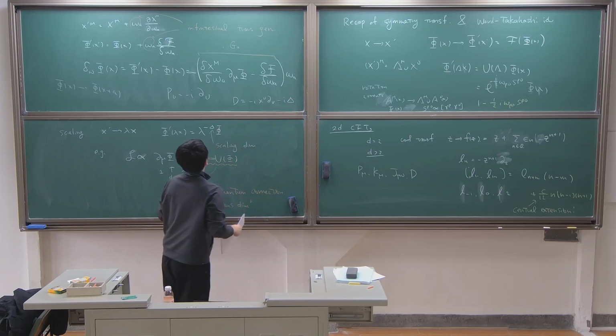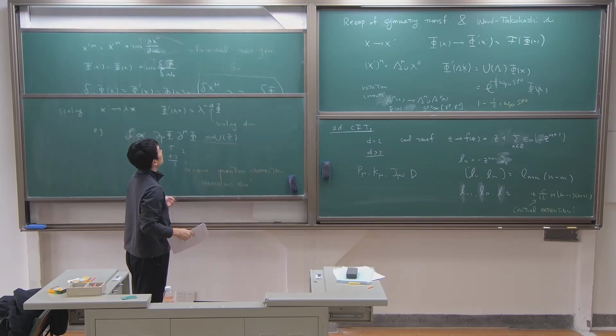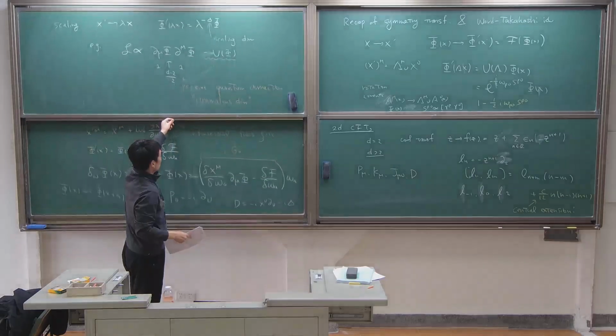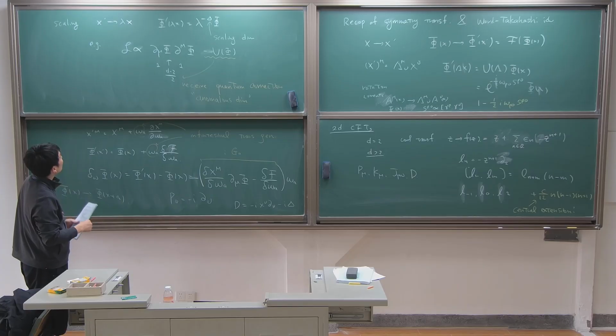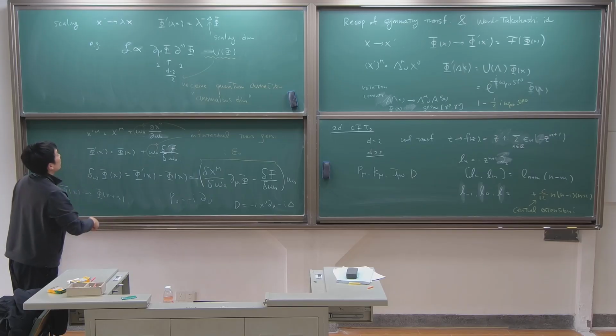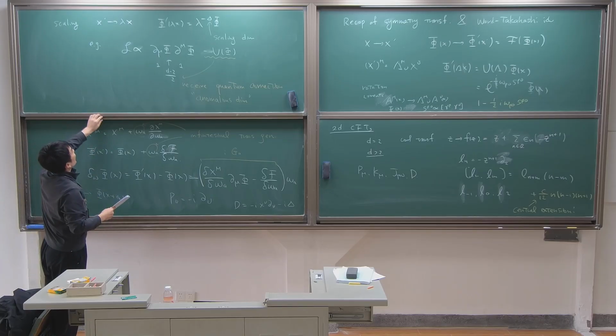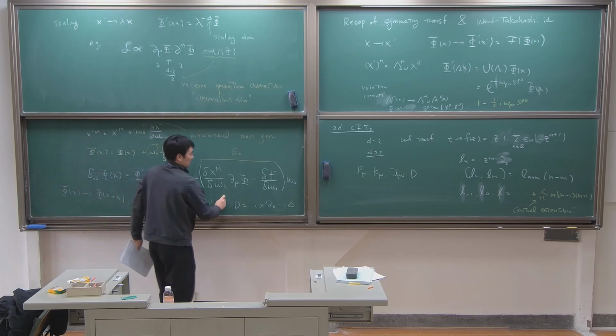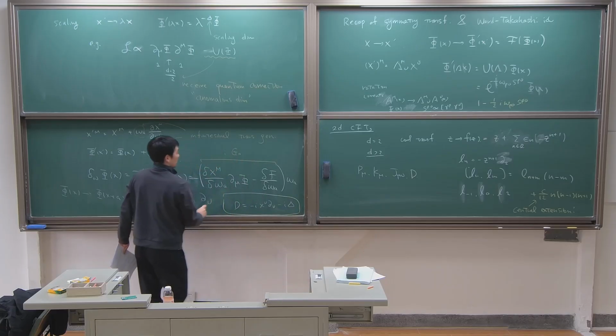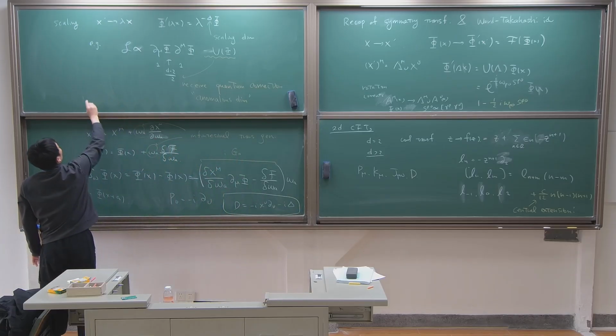Let's look at the dilatation. Here we treat it as a lambda. So x prime is lambda x.